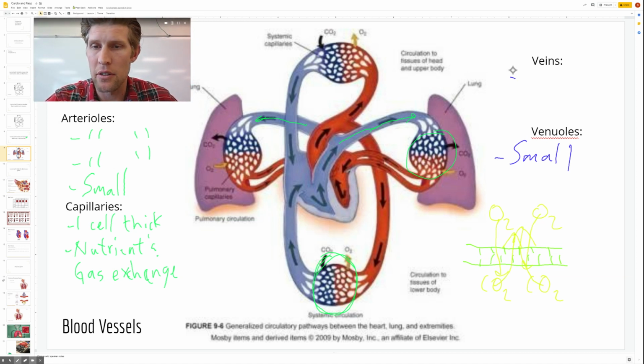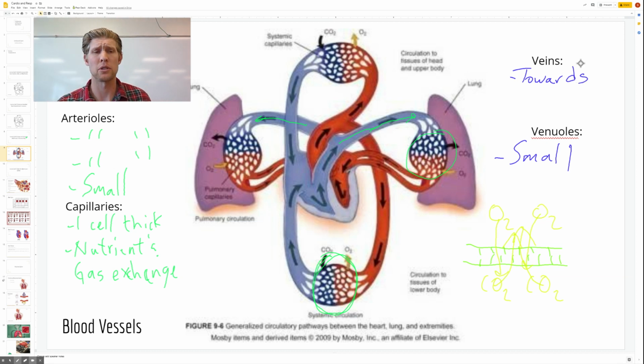Now, veins are very important to getting blood back to your heart. So they carry blood towards the heart. Arteries away, veins towards, because you can't say that it's always deoxygenated blood, because what about these guys right here that are bringing blood that's oxygenated back to your left atrium? So it's bringing blood towards the heart.